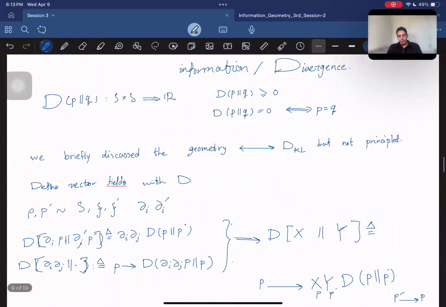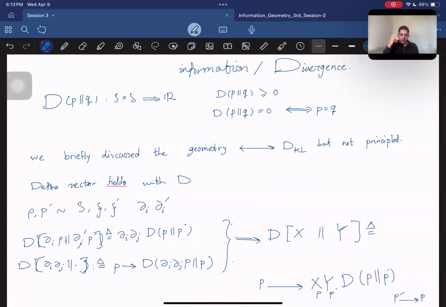Here, the whole information thing came out of chaos divergence, which showed the entropy in its formula. But what's the relationship between the Riemannian metric and chaos divergence and all other divergences?